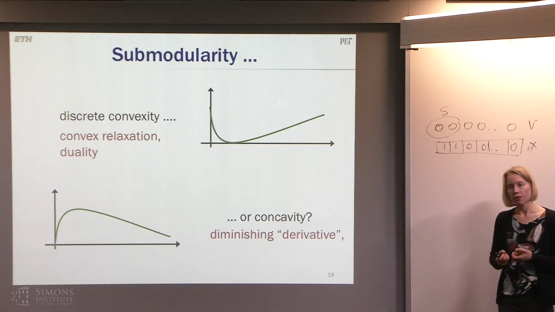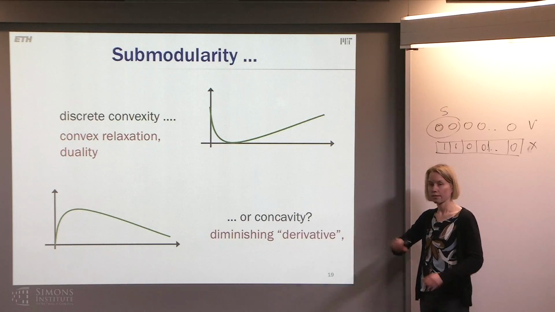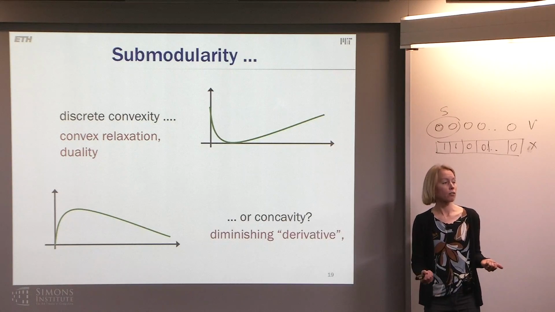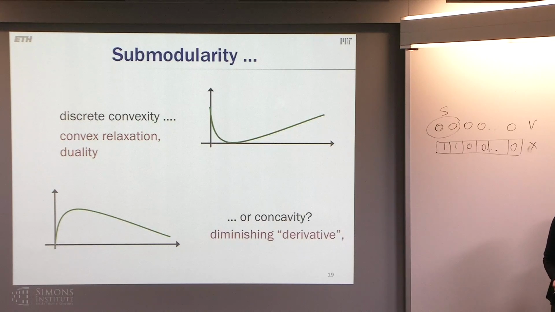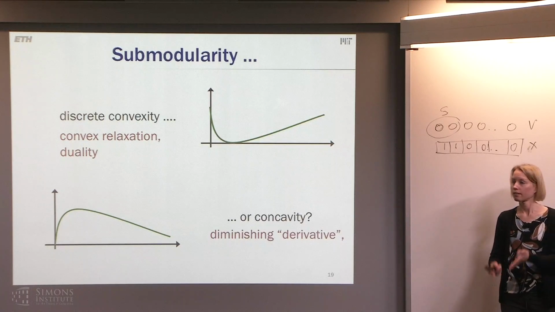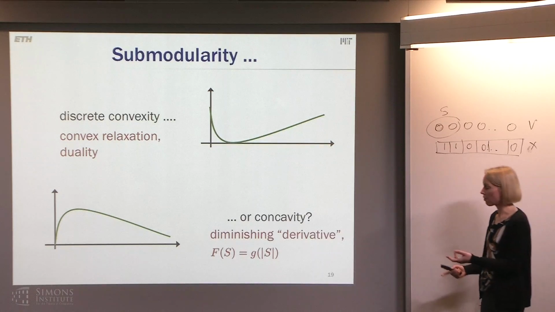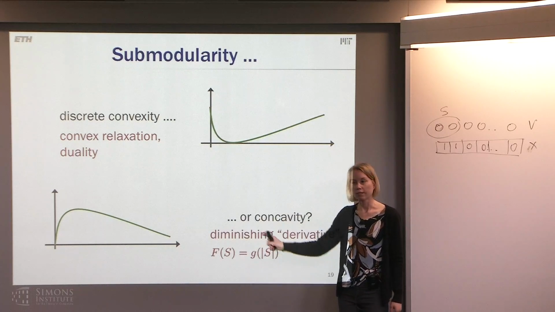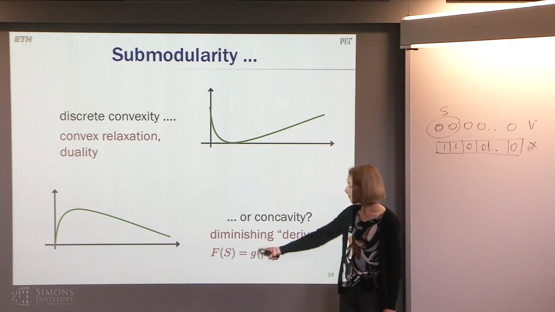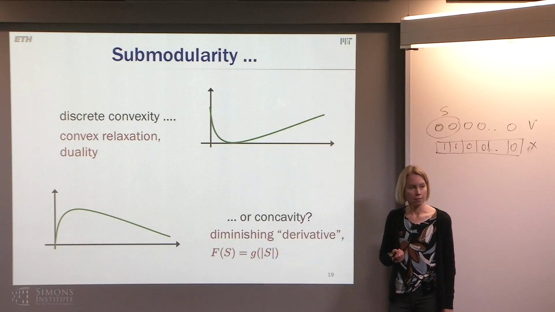Now, the analogy to concavity goes a little bit further than this sort of intuition that I have that my diminishing returns are actually like concavity. I could define a set function as follows, that I take the cardinality of the set, that's already a set function, and I take some kind of scalar function g applied to the cardinality. That's a set function. I could put any kind of scalar function there.